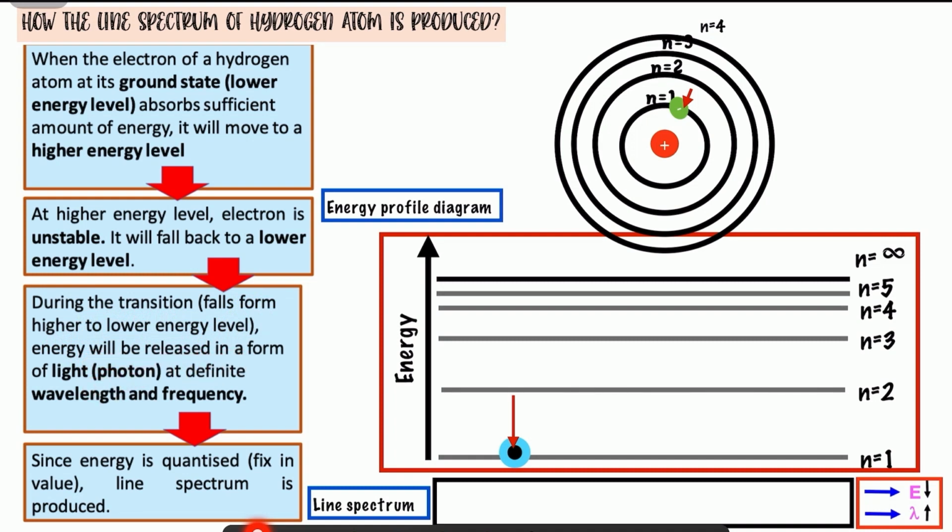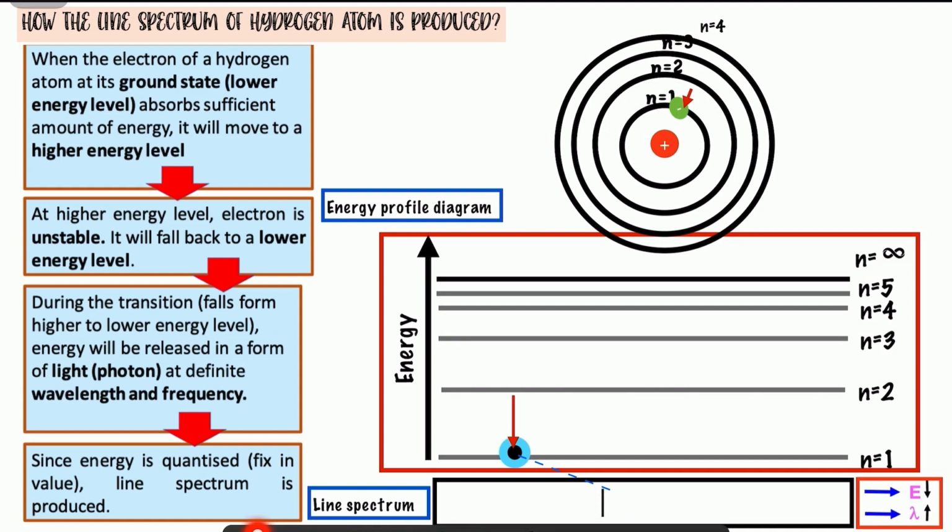When an electron makes a transition from the higher to the lower level, it will emit a photon. You will see it in the form of light at a definite wavelength. So it will produce a line spectrum here.